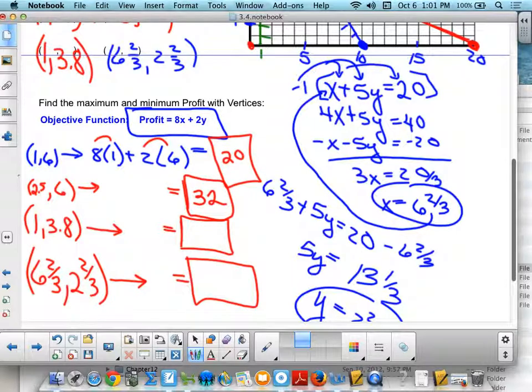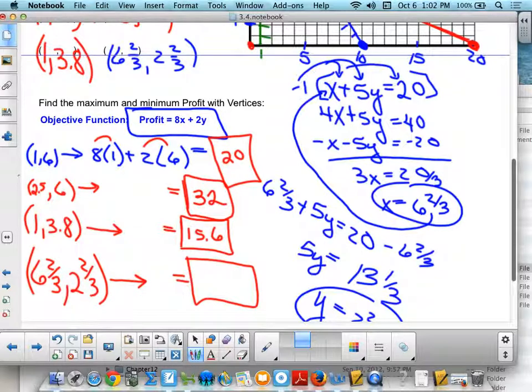Guys, I can do this faster in my head than you guys are. Come on. 1 times 8 is 8. 3.8 times 2 is 7.6. 15.6, right? Is that what you got?